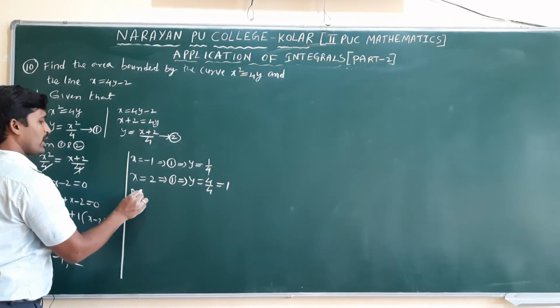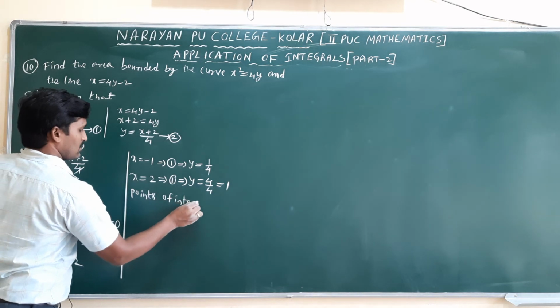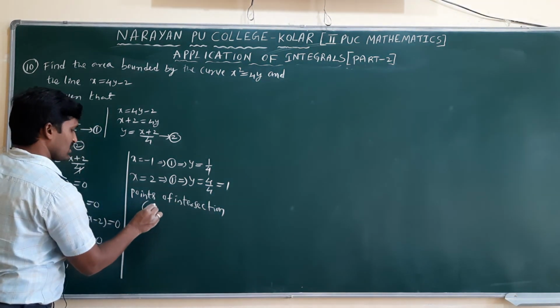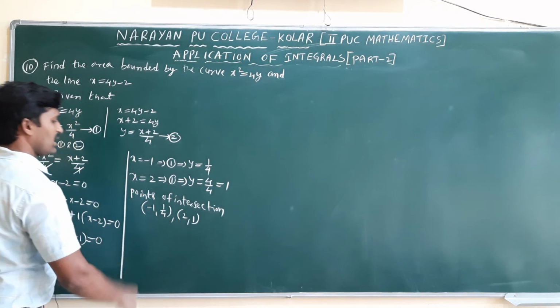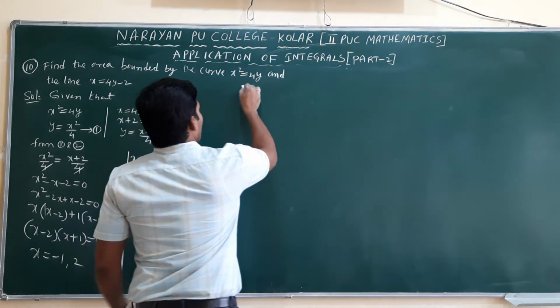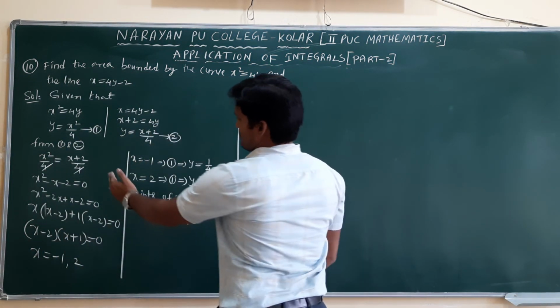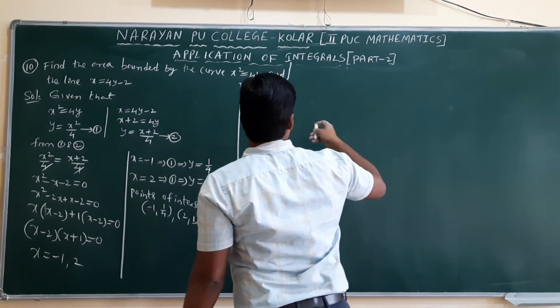Here we got the points of intersection. Which are the points of intersection? Minus 1 comma 1 by 4, and 2 comma 1. For this we need to draw the graph. Solving side by side, you can write this. Now what is the graph we will get?